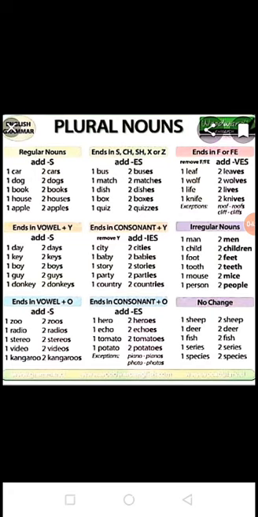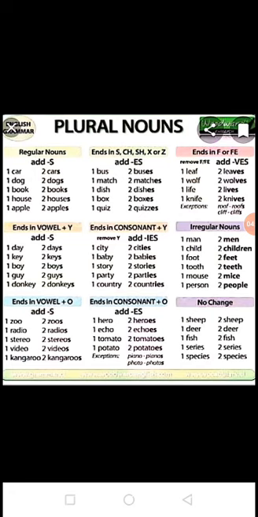City, cities. Baby: y is there, but before y b is a consonant. It means this word ends in consonant plus y. We remove y and add ies. City, cities. Baby, babies. Story, stories.